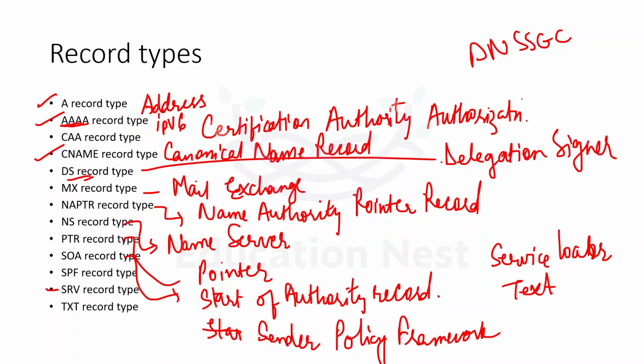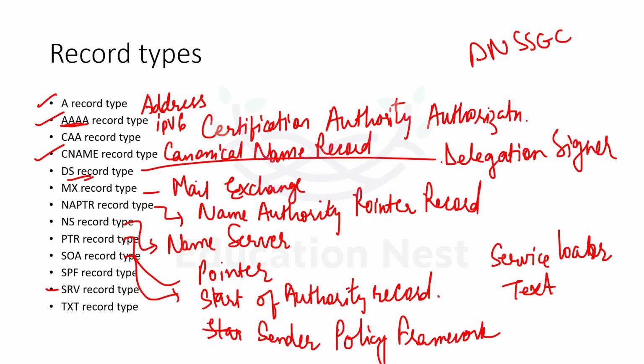What was this DNSSEC signing? We discussed the security feature of Route 53. At that time we understood that it cryptographically signs a record. So that is the record for signing that particular thing. Okay, so these are all the records.